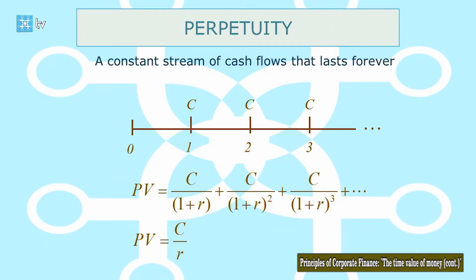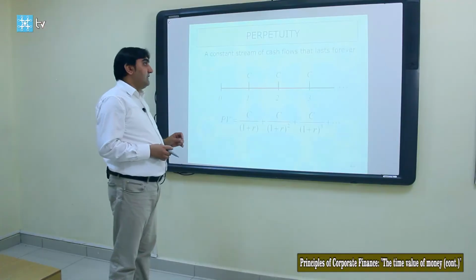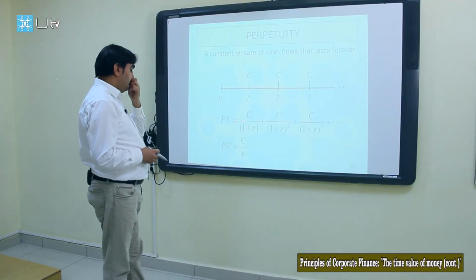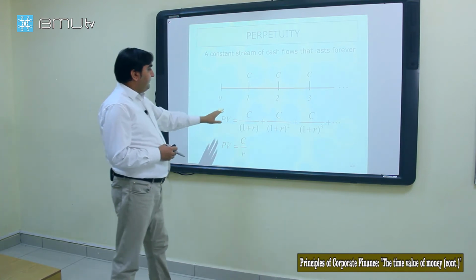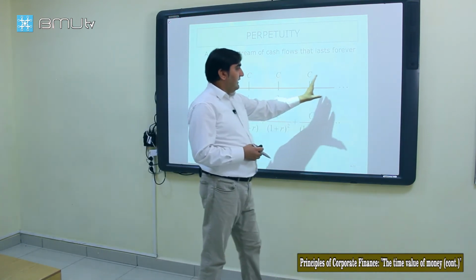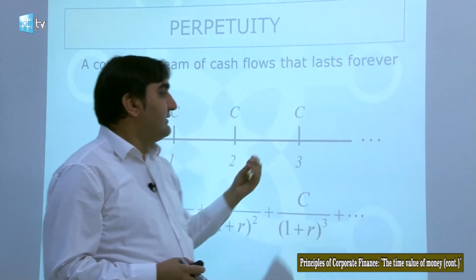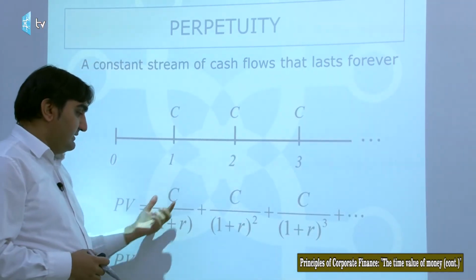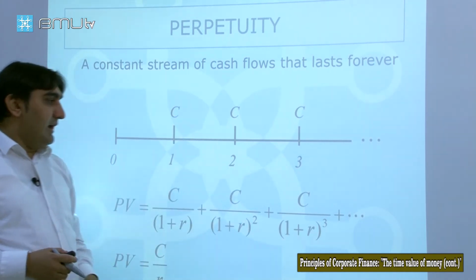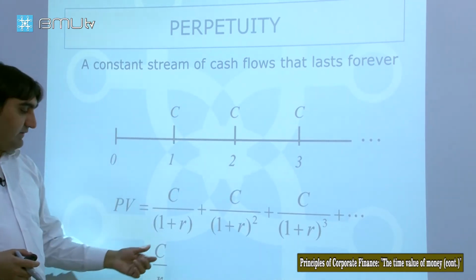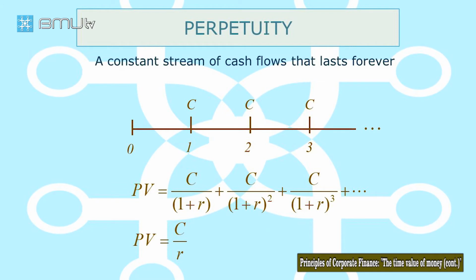Applying a very simple adjustment, we can find the present or future value of these cash flows. Cash flows go forever for the nth period. This is a perpetuity. Finding the present value means finding the present value of all these cash flows one by one. Applying algebra, we find this is cash flow divided by rate.